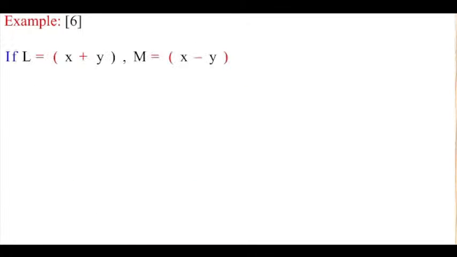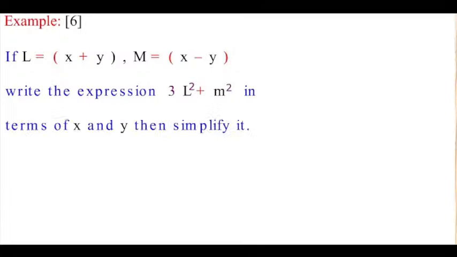Example 6. If L equals x plus y and m equals x minus y, write the expression 3L squared plus m squared in terms of x and y, then simplify it.